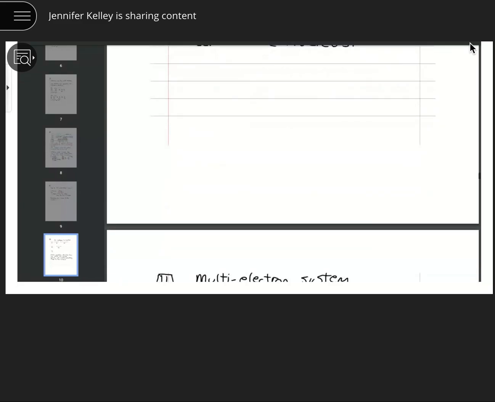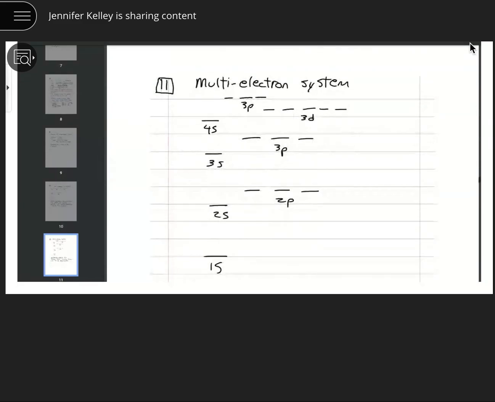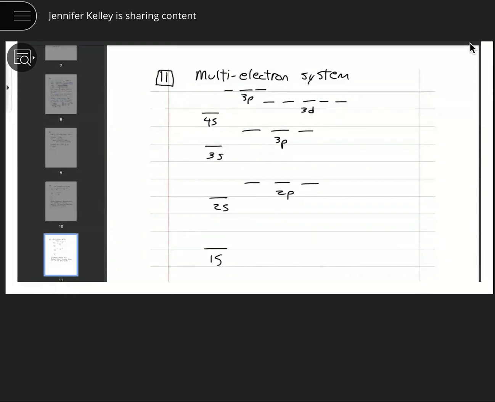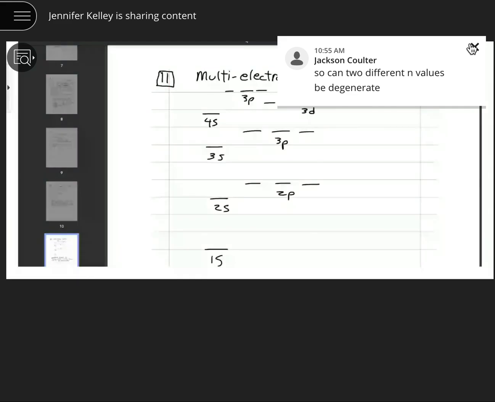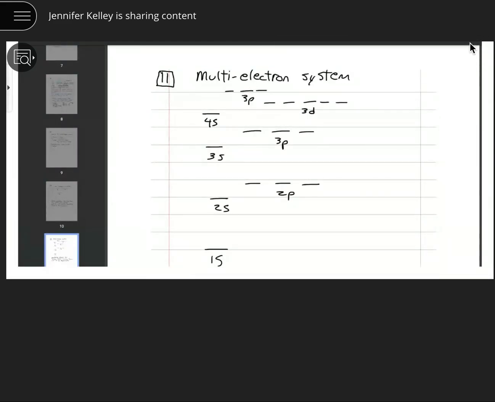That's called penetration. Look at the difference between hydrogen, where everything was all straight and in a row, and a multi-electron system. Yes, in hydrogen, they can. But in a multi-electron system, they will not be. So as soon as you pass hydrogen, everything gets more complicated.